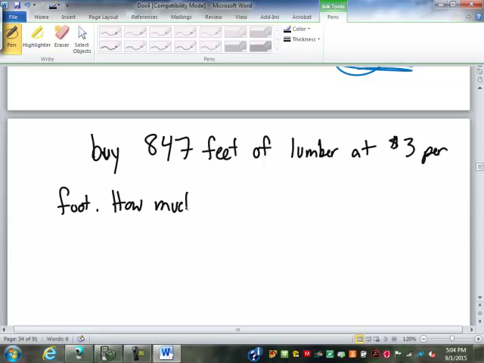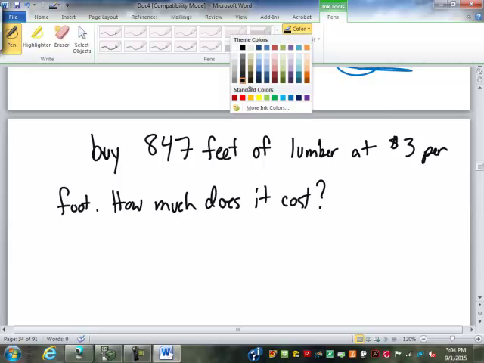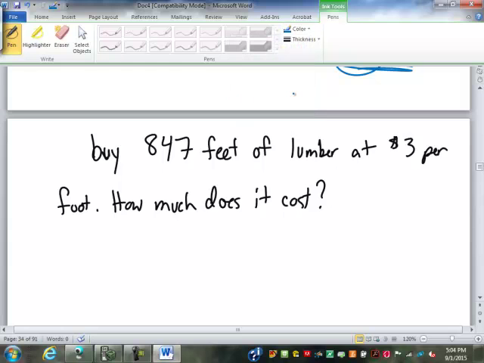How much does it cost? What are we going to do here? 847 what? Times 3, okay? $2,541.